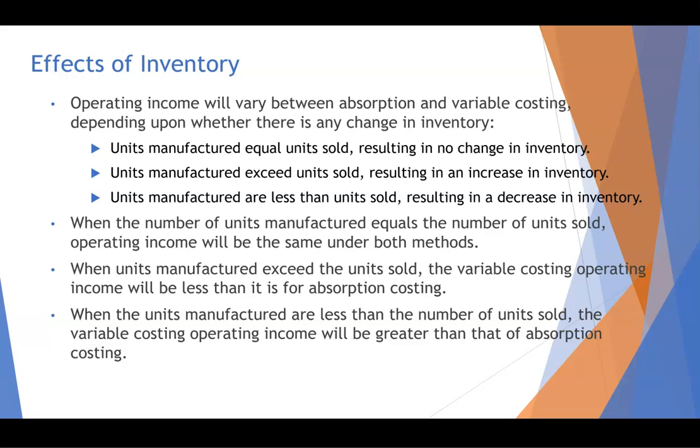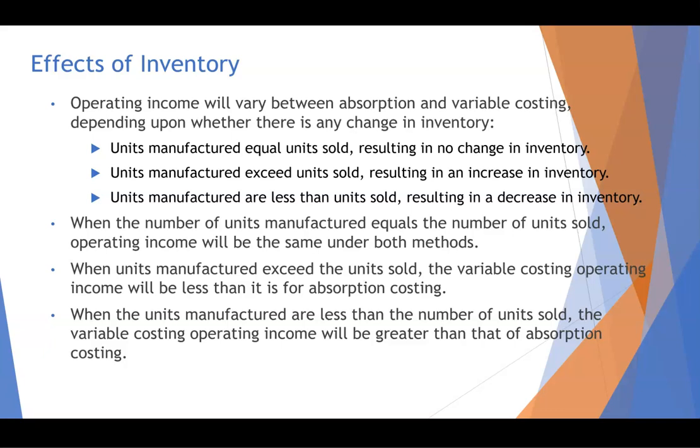When the units manufactured equal the units sold, then operating income is going to be the same under both methods. But when the units manufactured exceed those units sold, then the variable costing operating income is going to be less than for absorption costing.